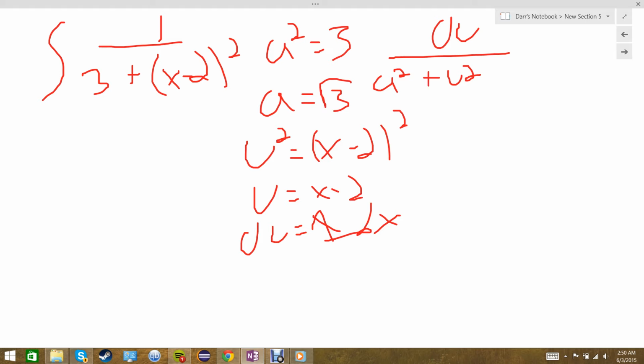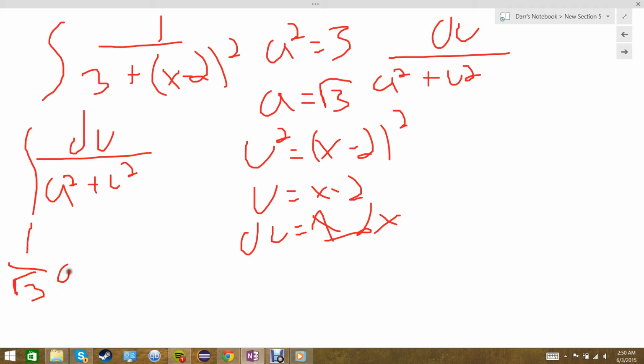It's going to be du over a squared plus u squared. Easy. So now you take 1 over a, so it's 1 over rad 3, arc tangent, u is x minus 2 over rad 3, because that's a, plus c.